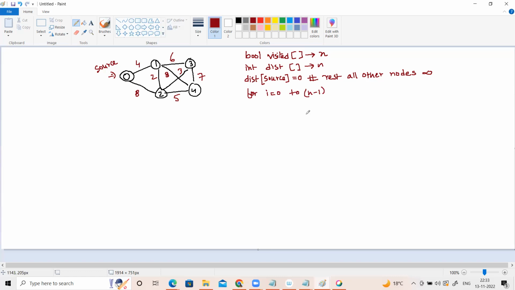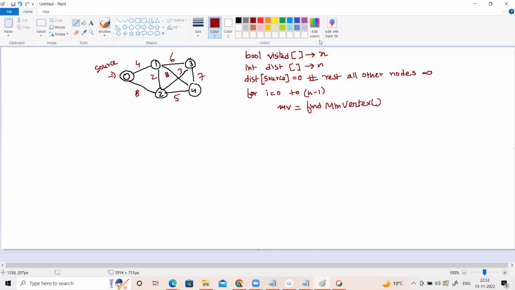So what are these steps? First of all, among everyone, we need to find the min vertex. So if we say MV stands for min vertex, then we need a function or functionality which will give us find min vertex.